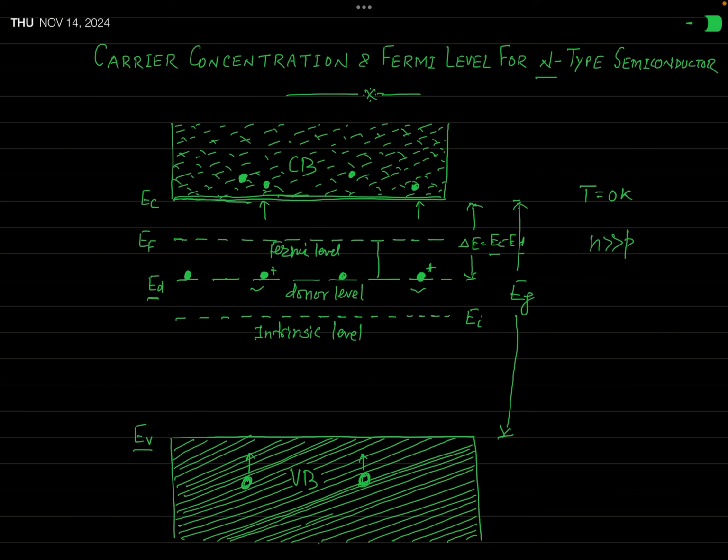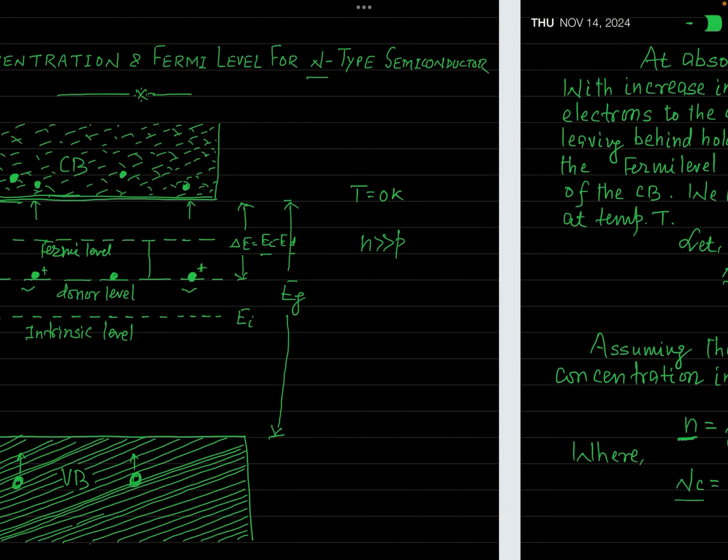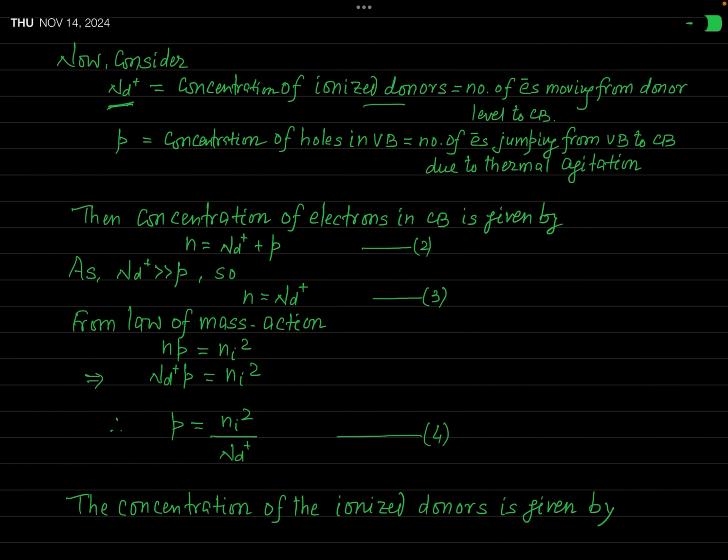So the number of ionized atoms in the donor level and the number of electrons in the conduction band due to this will be the same. So this Nd+ is also equal to the number of electrons moving from the donor level to the conduction band. I think you have got it.